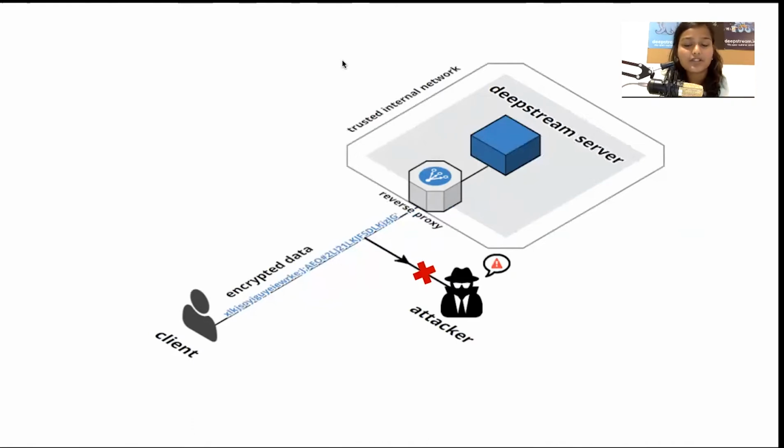This reverse proxy and the Deepstream server are said to be part of the same trusted internal network, right? So even if it is decrypted, you don't stand a risk of having an attack inside that. One more advantage of using a reverse proxy is that it also offers load balancing capabilities.